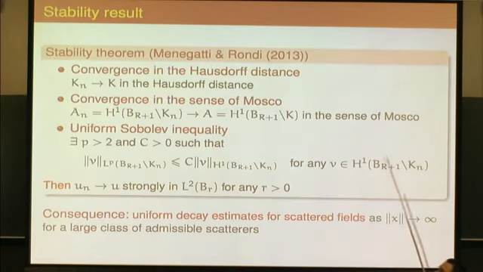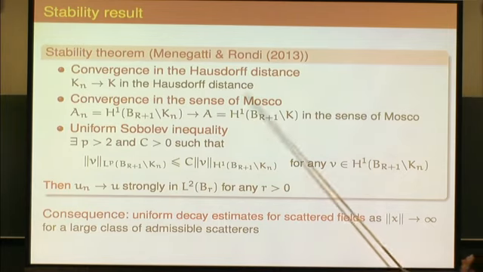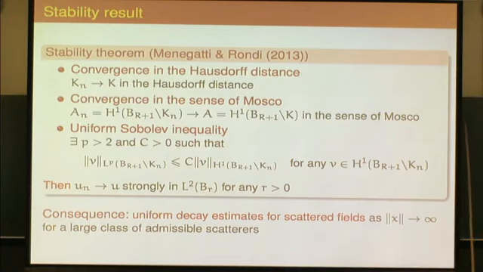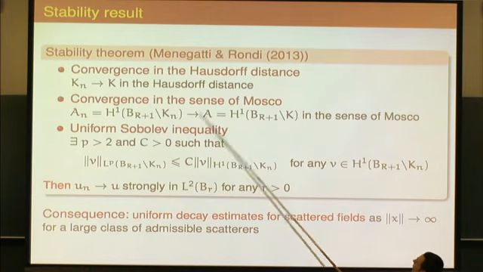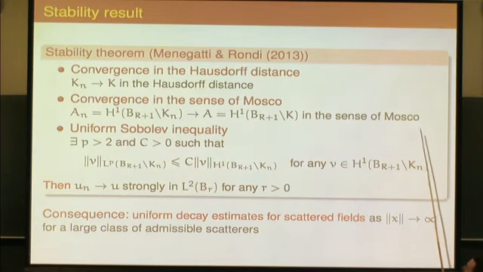Using this, you can also prove a stability result for our exterior boundary value problem for the Helmholtz equation, and this has been done with Menegatti. The hypotheses are the following. You have convergence in the Hausdorff distance. You need convergence in the sense of Mosco, which is a key ingredient.